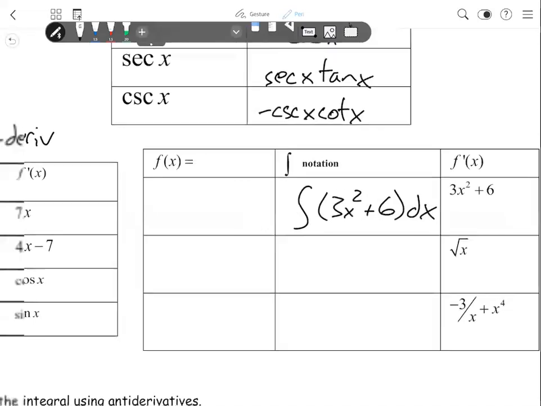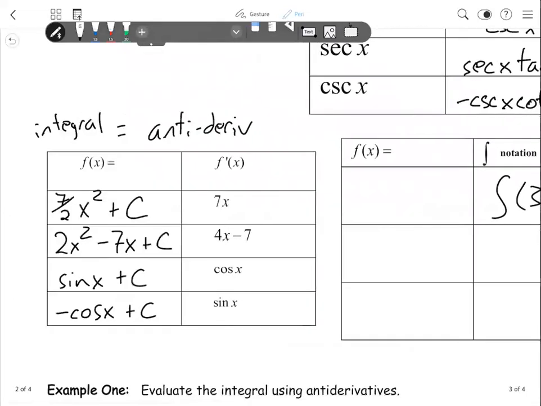And this is how I solve for it. Okay, let me go back to this example. When I take the derivative, and we will do this a little bit more extensively later on, I multiply the exponent by the coefficient and then I subtract. So multiply and subtract.